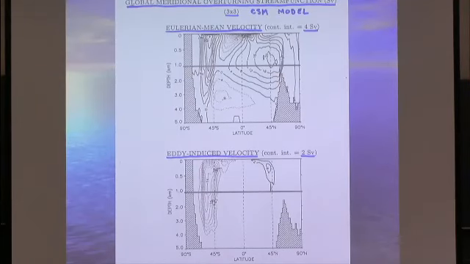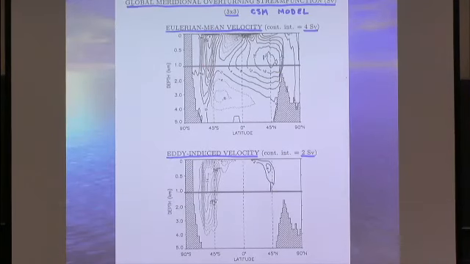But by far the biggest response is where the isopycnals are sloping the most. And that's in the ACC region. And as you can see, the sense of this is that the eddies would induce an overturning circulation, which is anti-clockwise here. We thought it would not balance totally the mean flow, but would reduce it a lot.